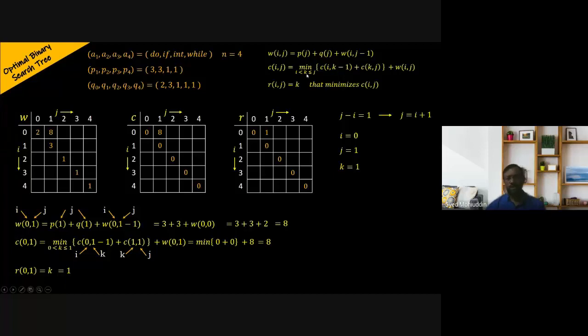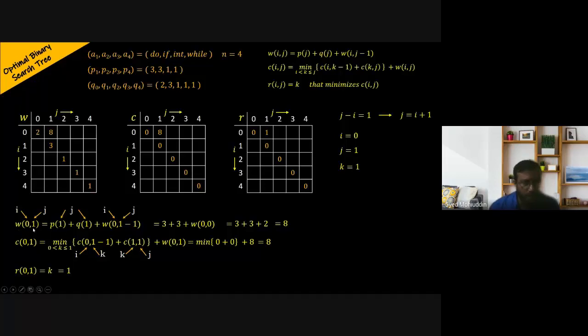So j minus i, what is the weight? Let's take the first element, do. Consider we have do as the only element in the tree, and that becomes the root. So we start computing the W value.